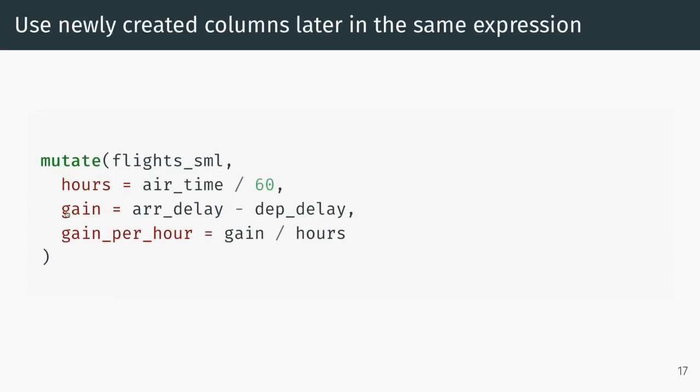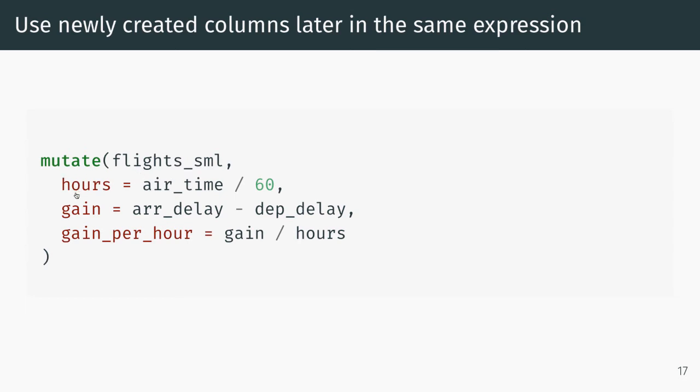And we can use the newly created columns in the same expression. So we create hours here, and then we use it here. We create gain here, and we use it here. But we can't do the reverse. I can't put gains per hour equals gains over hours up here at the top.